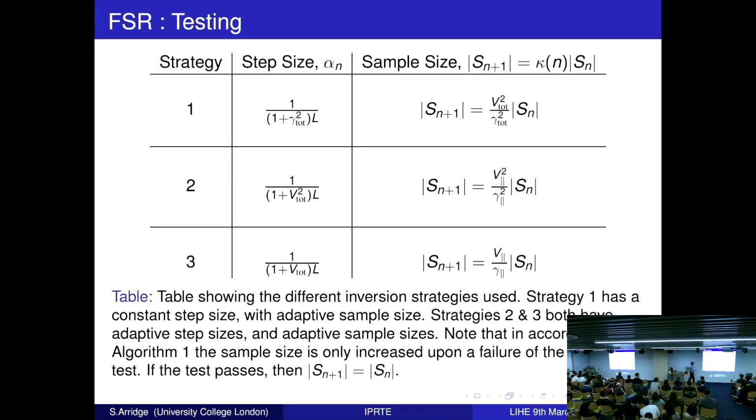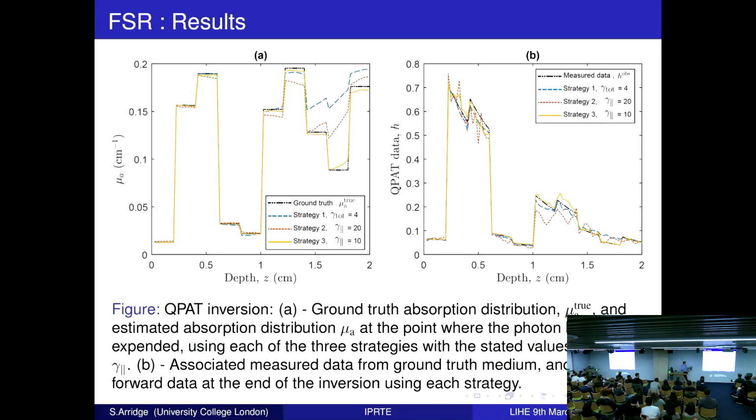And then we have a number of possible choices for this adaptation. Again, perhaps I should skip a bit through this. We can fix the step size and adapt the sample size, or we can adapt them based on the variance in different ways. Let's, again, not dwell on that. So now, these are some results.